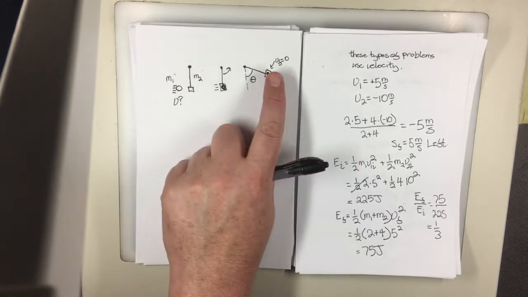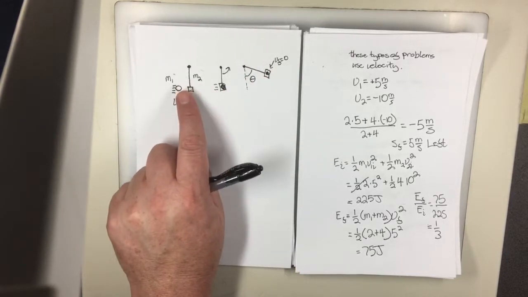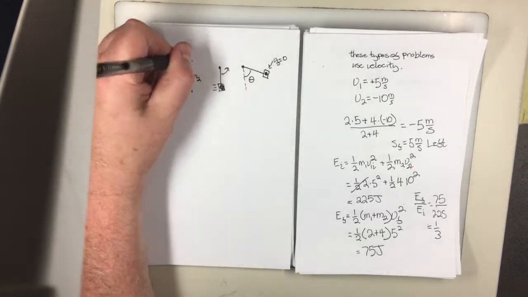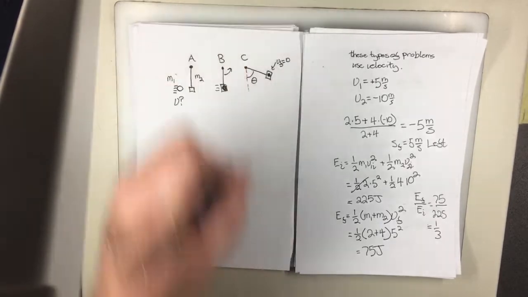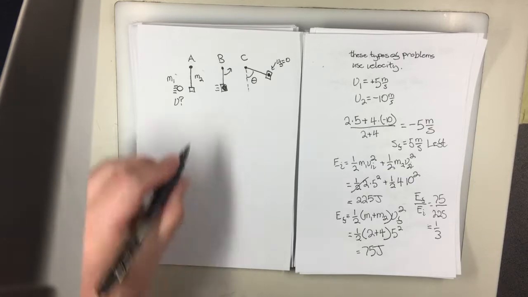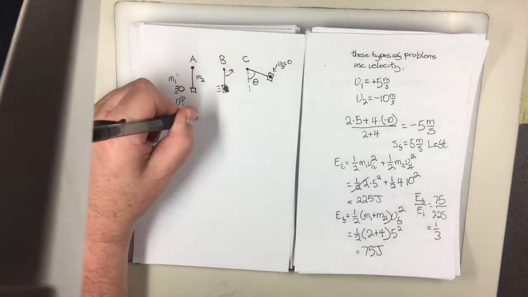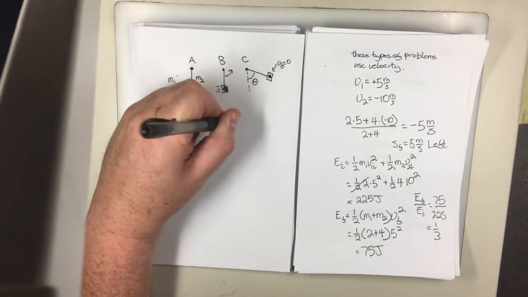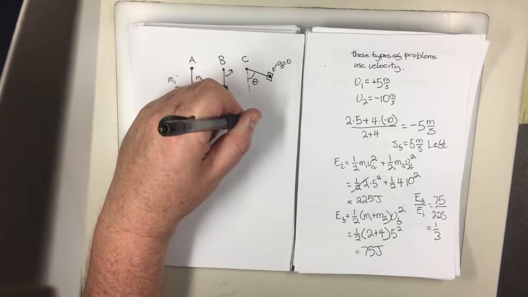So what we're going to do is start at this end and work backwards. From here to there, we have 3 states. One is the moment before impact. The ball is about to hit the arm. B is the moment after impact. And C, the arm is stationary. A to B is an inelastic collision.